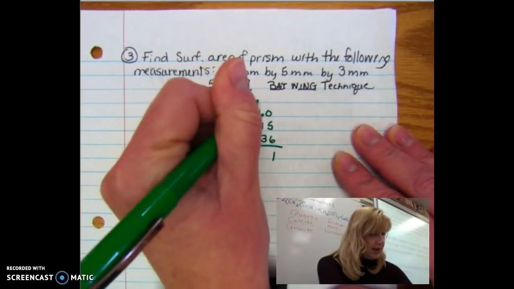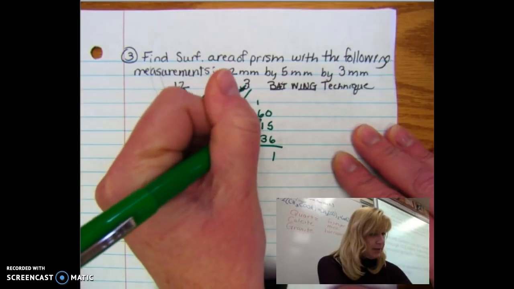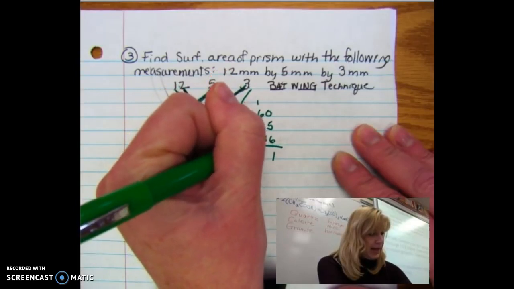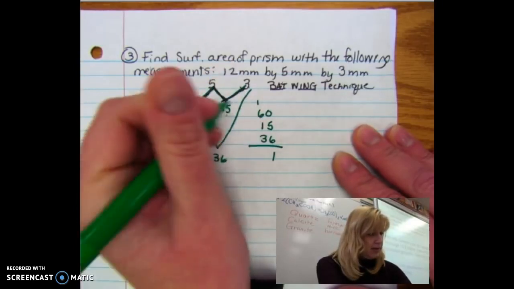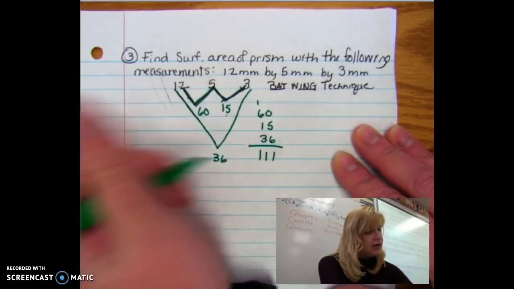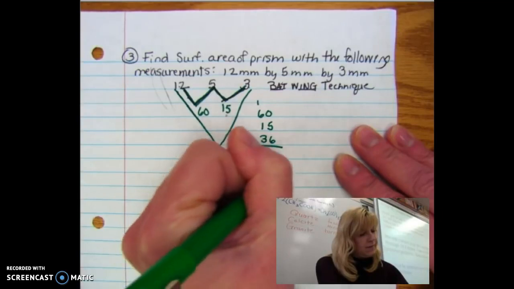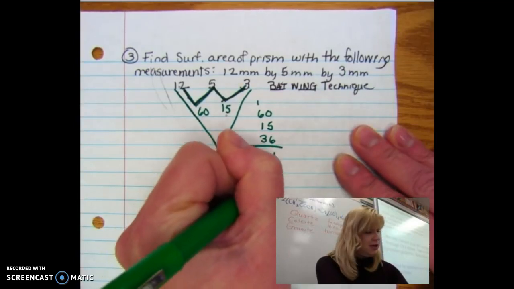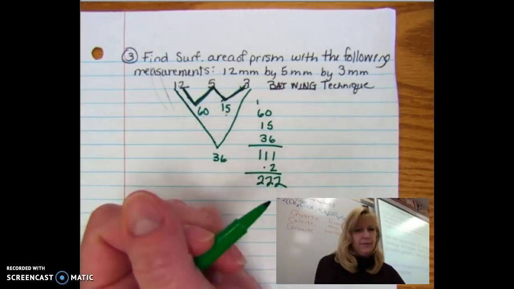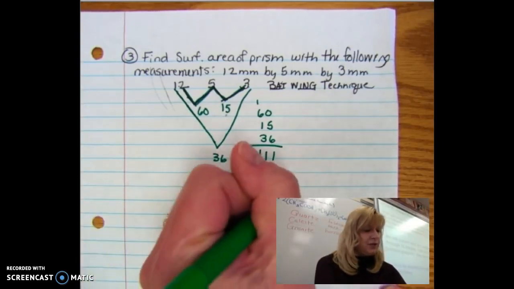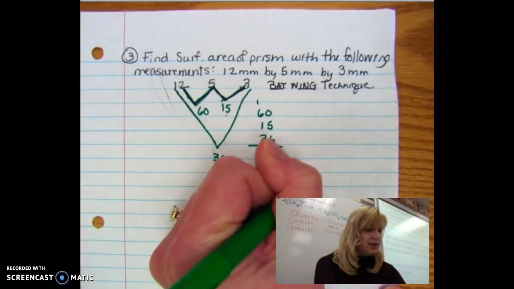So that's 11. 6 plus 4 is 10, plus 1 is 11. So I got 111, but I need to double it, which is 222. When I doubled it, I did get 222, and it's millimeters squared.